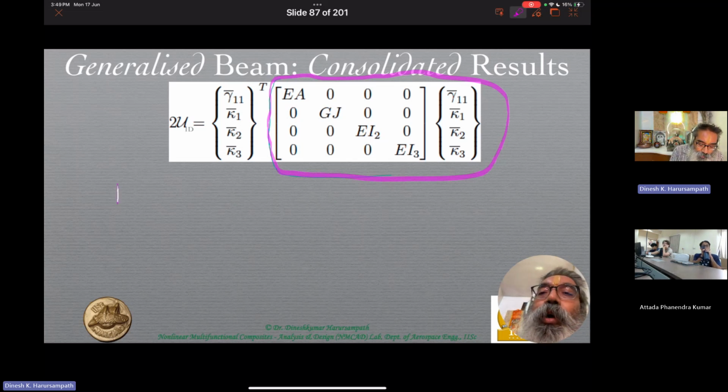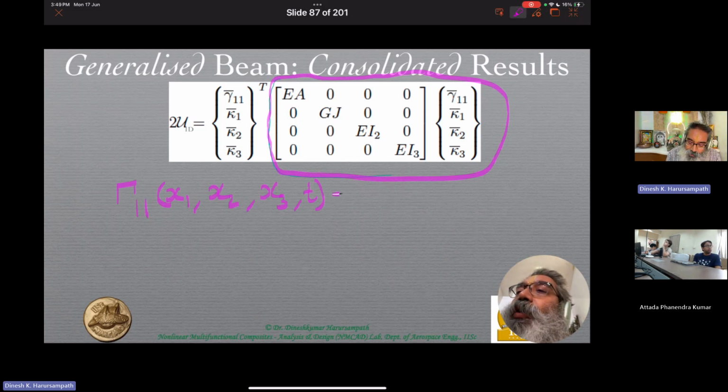Earlier, we were talking about gamma 1, for example. Now that is a three-dimensional strain, as we said, a function of x1, x2, x3, and in a dynamics problem, a function of time as well, right? Now that gamma 1 can be written, once the derivation has taken place, we can identify which are the terms which are not dependent on x2, x3, but only on x1 as far as spatial coordinates are concerned.